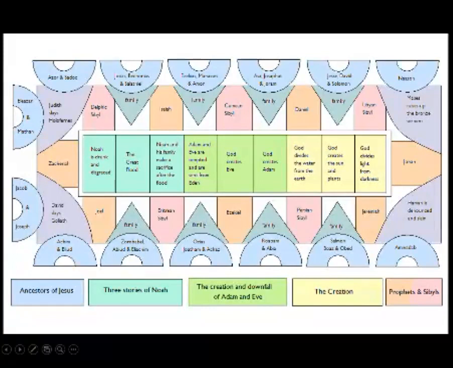Then around here, you have different prophets and sibyls. A sibyl was a Greek oracle. Then you have stories from the Bible, all laid out in a pattern along here.